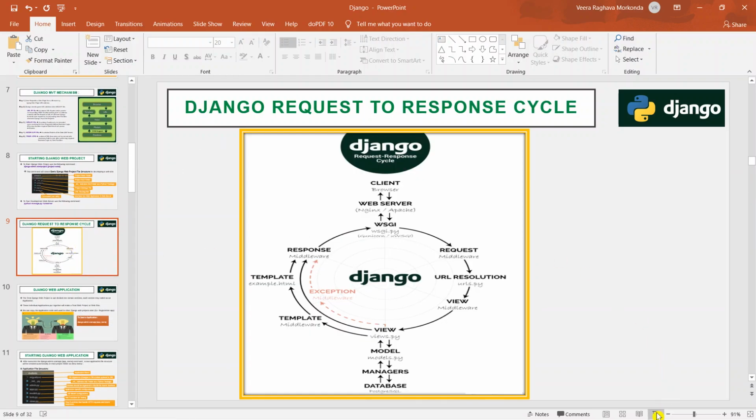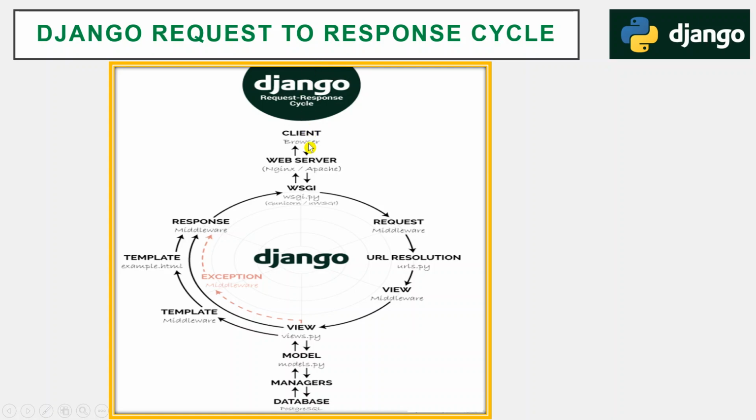We open a browser and request a web page. That request will first be handled by WSGI. WSGI is a shortcut; the name is Web Server Gateway Interface. After that it will forward that request to the urls.py file.